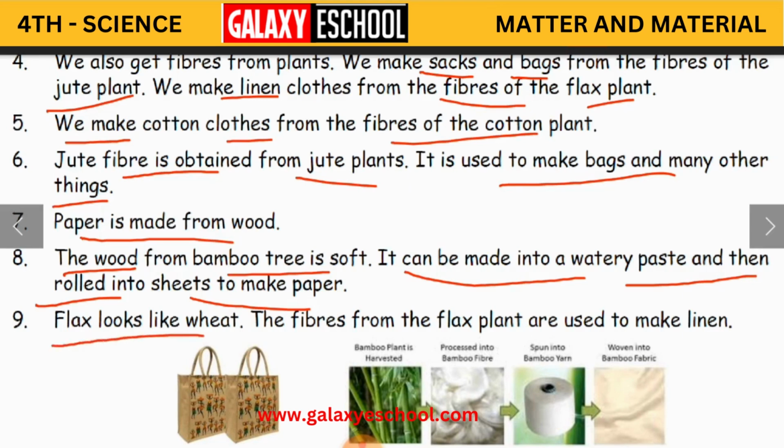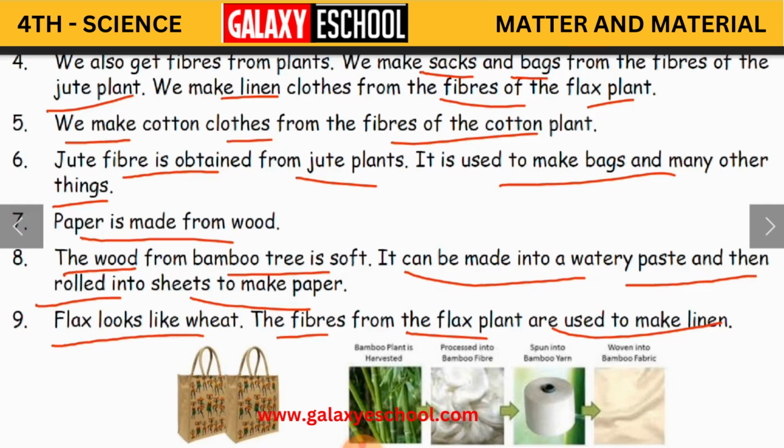And flax looks like wheat. You have flax seeds just like wheat. The fibers from the flax plant are used to make linen. So through this plant we also get cloth.